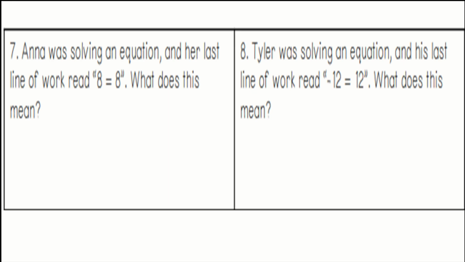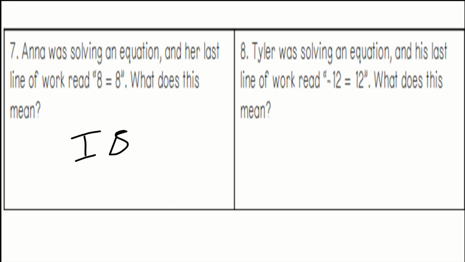Mason. Infinite solutions. So if you got infinite solutions, that's when you got a number equals that same number.